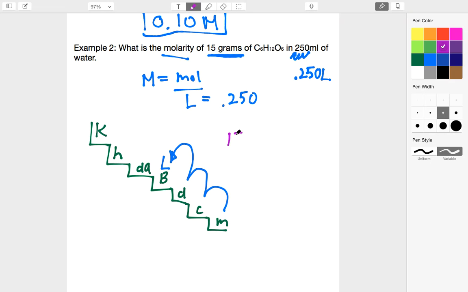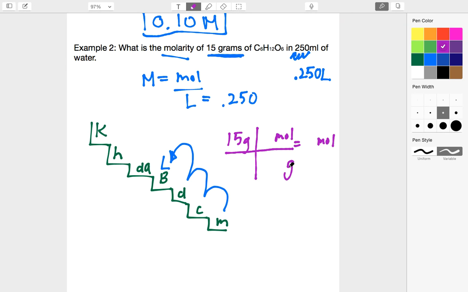So I have 15 grams of C6H12O6, and I want to look for how many moles I have. I need to get rid of the unit grams and find a ratio that has grams to moles.